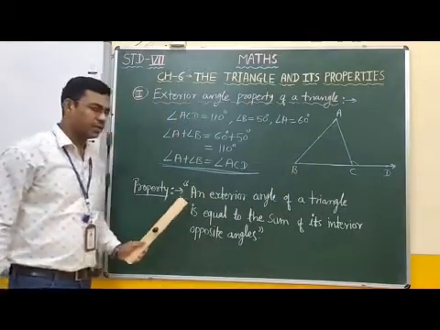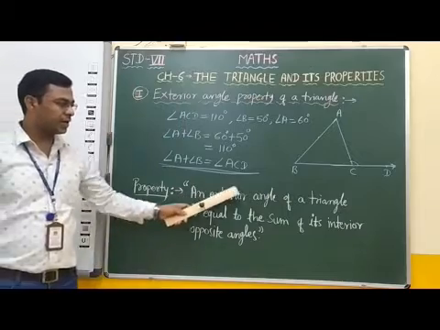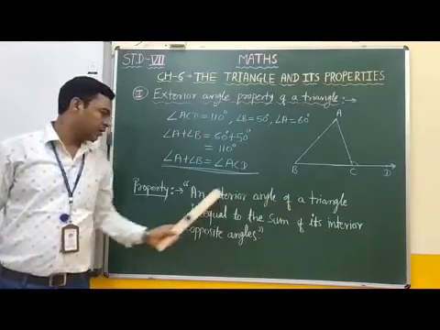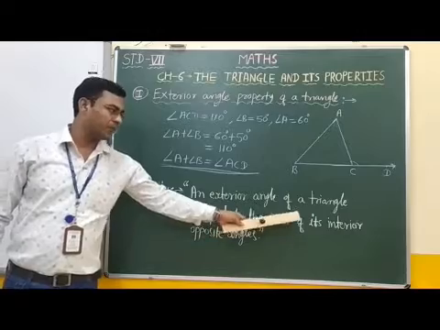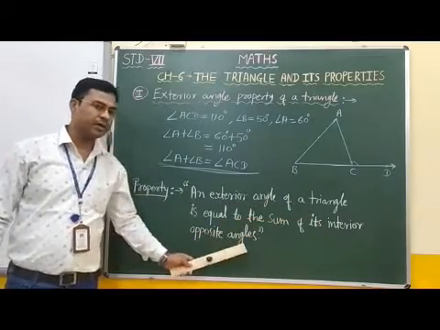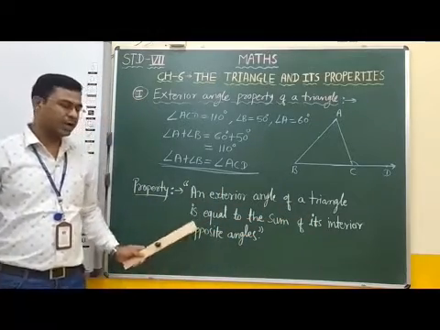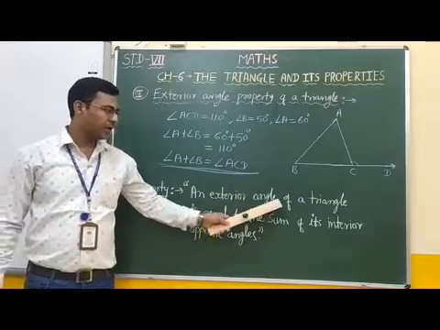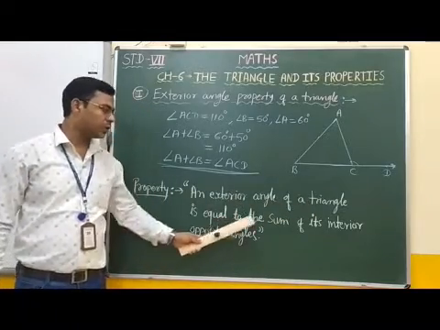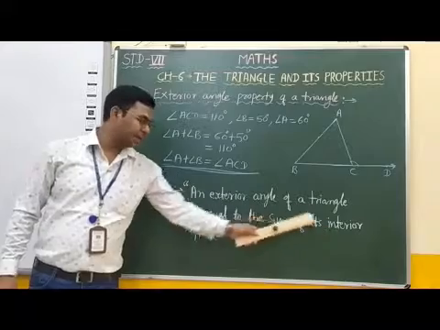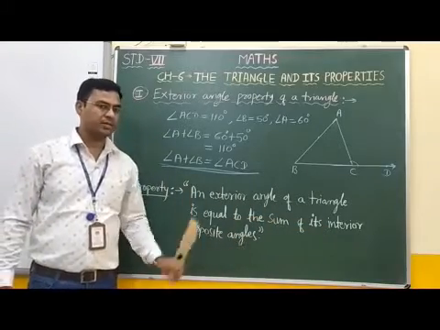Therefore, the property is: an exterior angle of a triangle is equal to the sum of its interior opposite angles. I repeat, an exterior angle of a triangle is equal to the sum of its interior opposite angles.